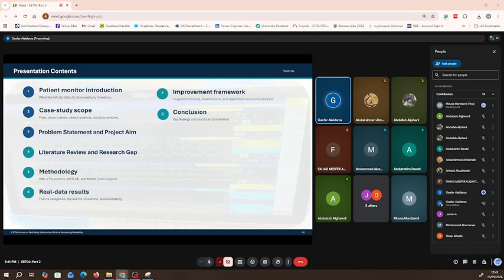After that, the literature review and research gap. The methodology section will present the analytical workflow, including reliability metrics, reliability block diagram, fault tree analysis, MATLAB-based calculations, and Monte Carlo as a supporting simulation tool.